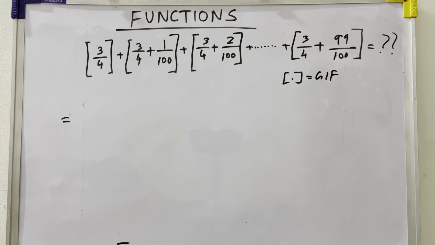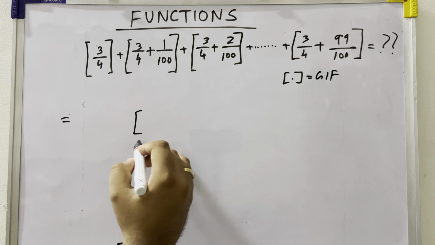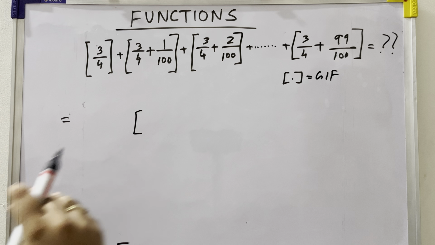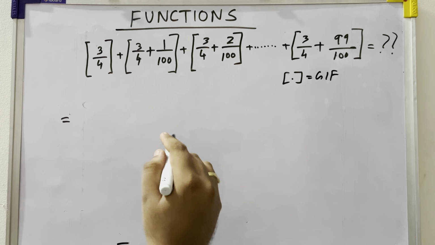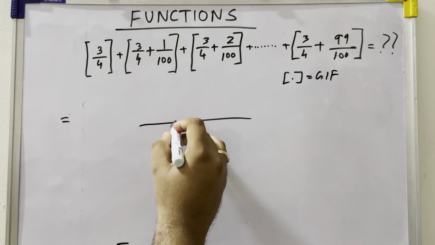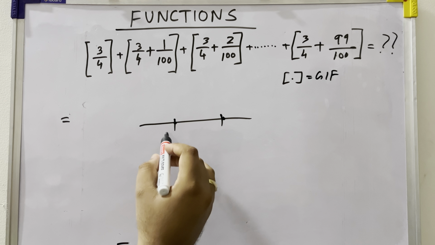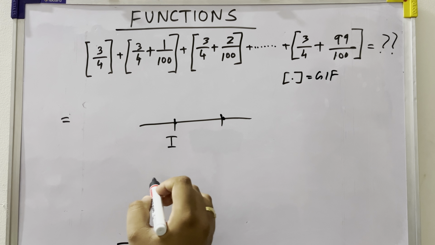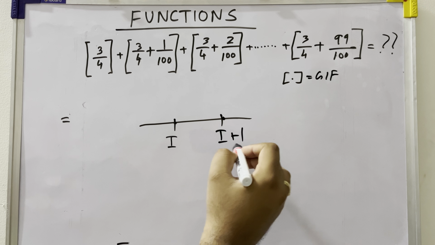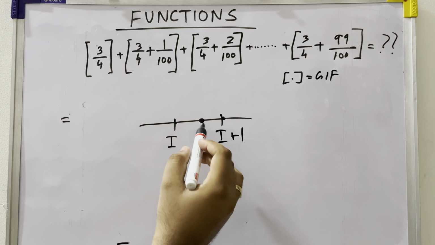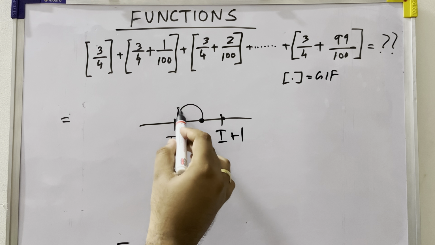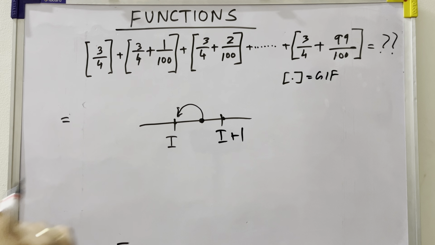We have already seen the greatest integer function. I'll just revise that part for those who are seeing this video directly. If you have a point like this, say this is integer I and this is I plus 1, and the greatest integer value is being asked, the value will be I. It will take the previous value.